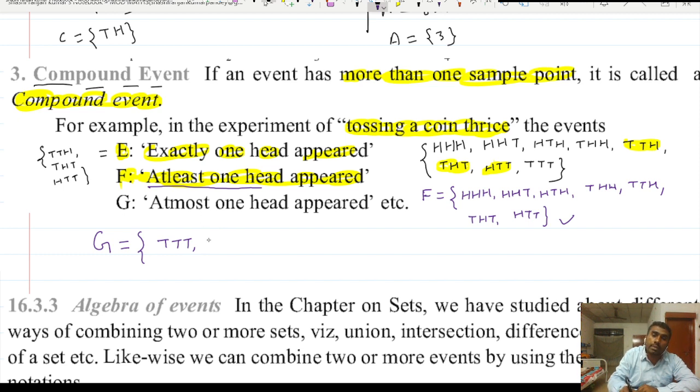One head is also acceptable: HTT, THT, TTH. But the other 4 cannot be taken. Why? Because here 2 heads are there, and in this case 3 heads are there. It is written at most one head, so maximum we can take one head. More than one head is not acceptable. So hopefully you get the concept of compound event. Fine.